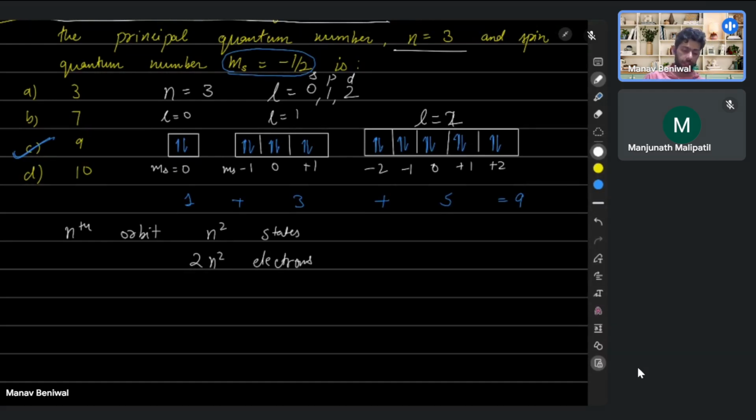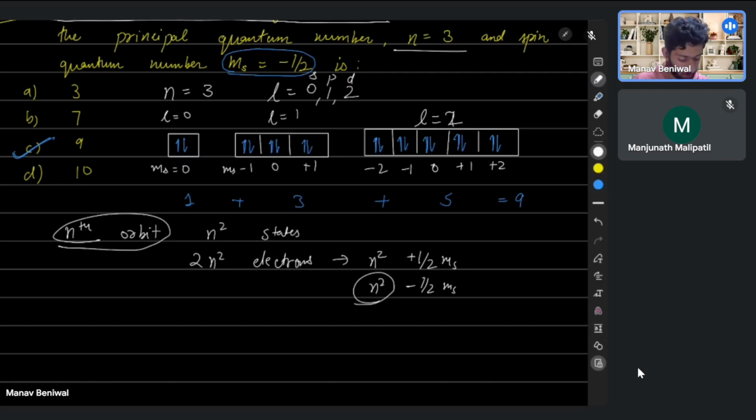Now half of these electrons will be up spin and half will be down spin. So n squared will have plus half spin and another n squared will have minus half spin. So for any nth orbit there will be n squared electrons with down spin. Here we were given n as 3, so n squared will be 9. So this is another way to solve this problem.